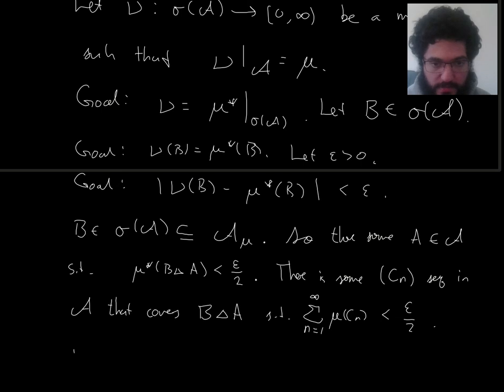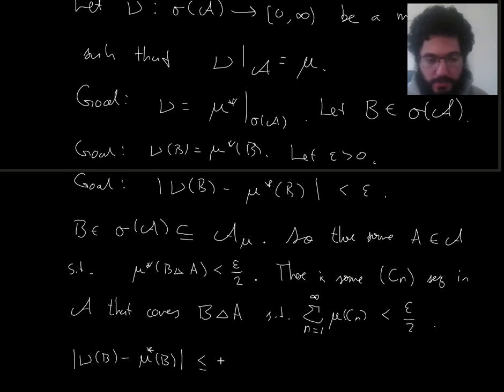So let's start working on that. And I'm going to start with the triangle inequality, since I'm going to relate each of these to nu of A, also known as mu star of A, since nu and mu agree on anything in the algebra of sets.